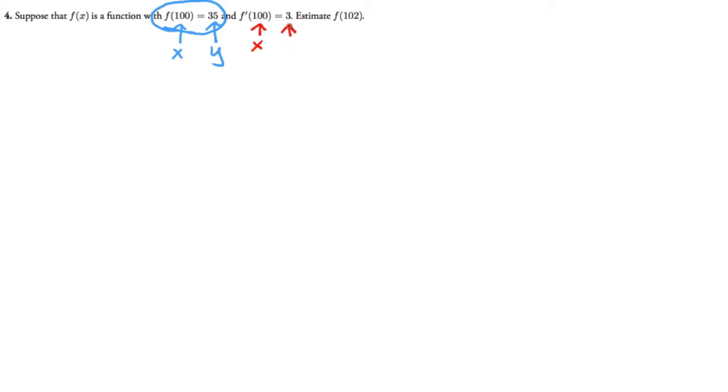So basically this is the rate of change, this is about the change in y for every change in x.